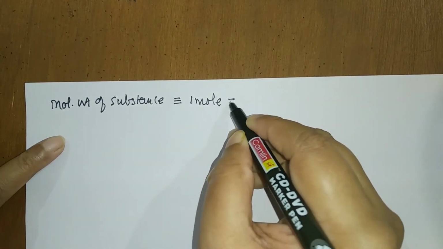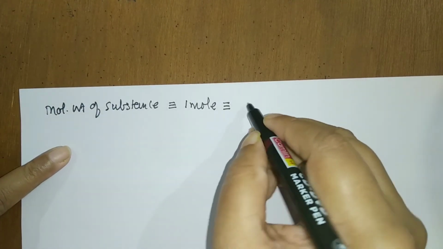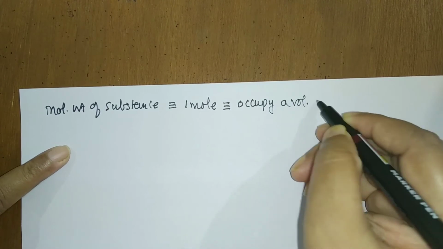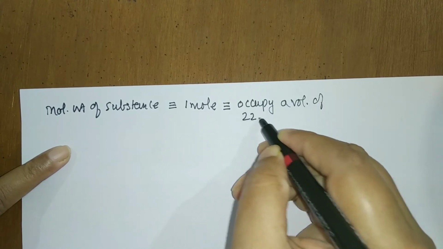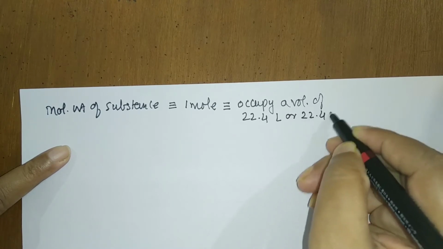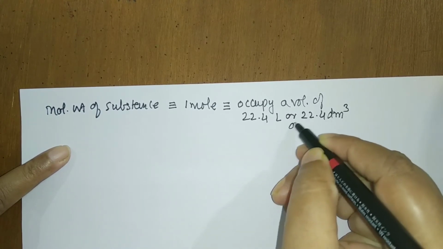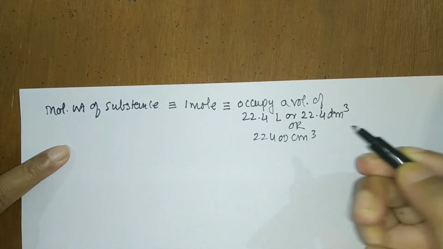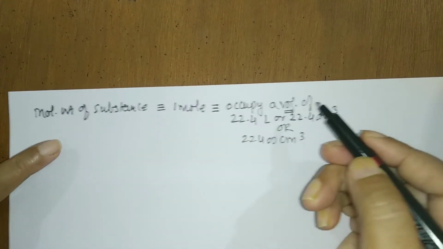1 mole of any substance must occupy a volume of 22.4 liter or 22.4 dm cube or 22400 cm cube. This is the volume.